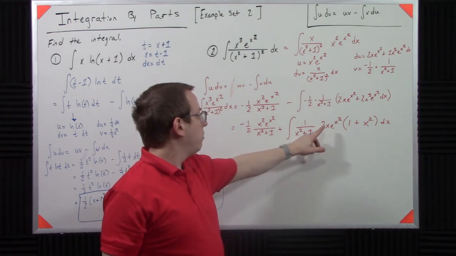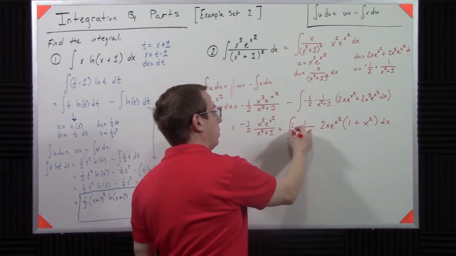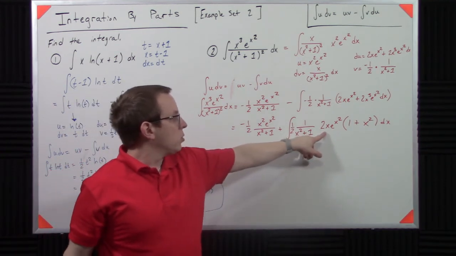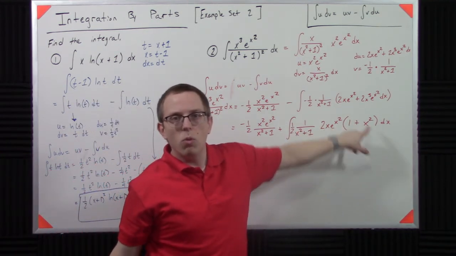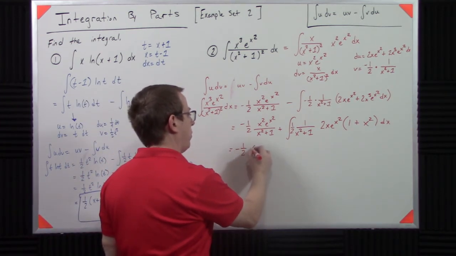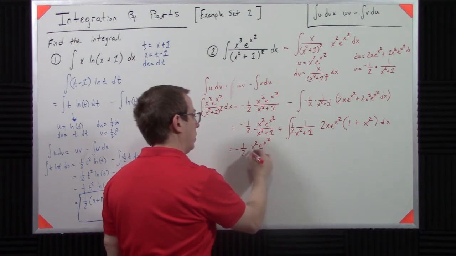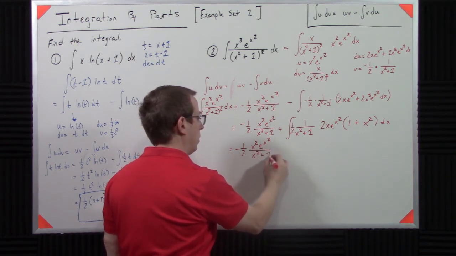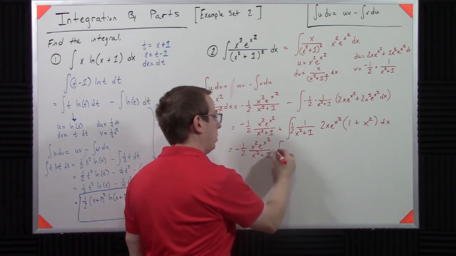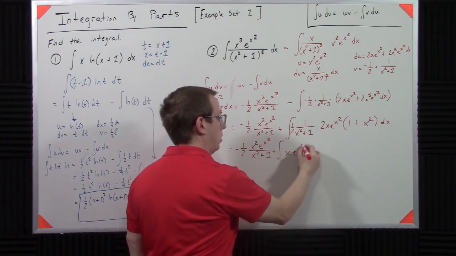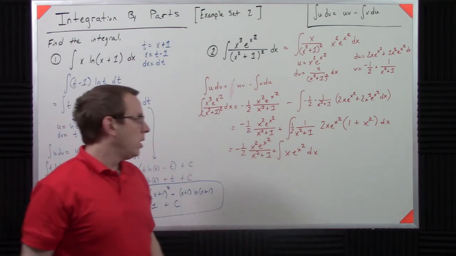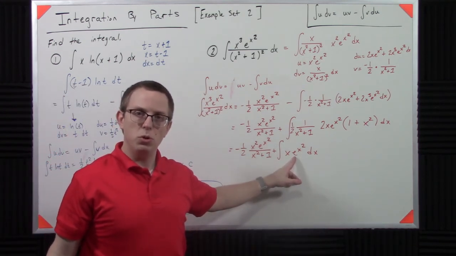So now I have, oh, this was a 1/2 as well. So now the 1/2 cancels with the 2, and the x squared plus 1's cancel. So I'm actually left with negative 1/2, with those canceled, integral x times e to the x squared dx. Now, in this particular case, you'd use a u substitution here.